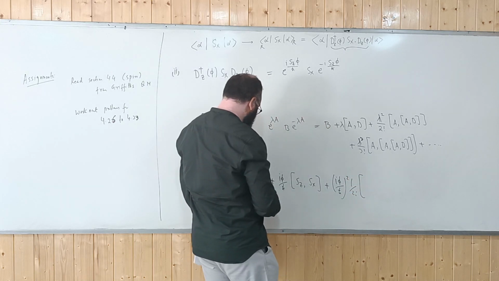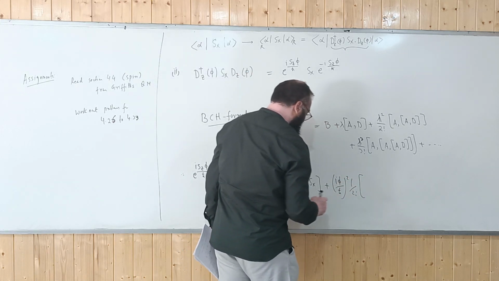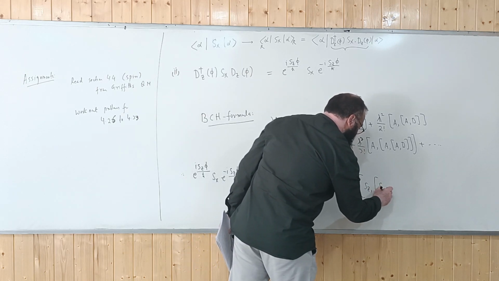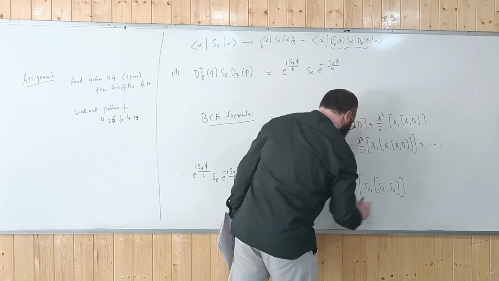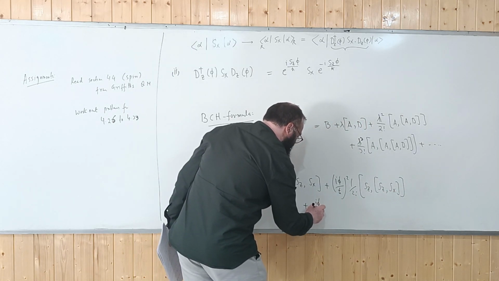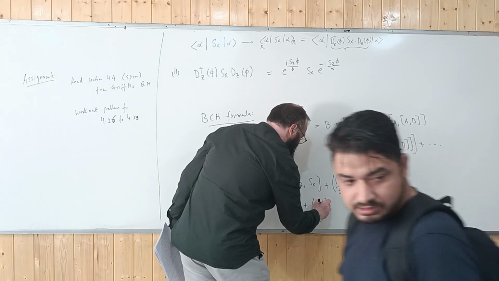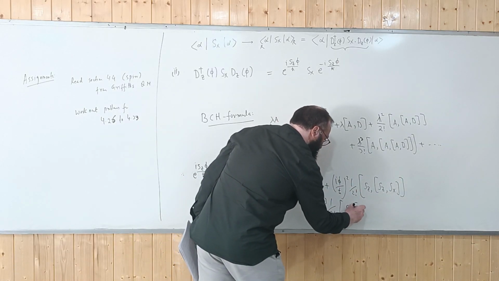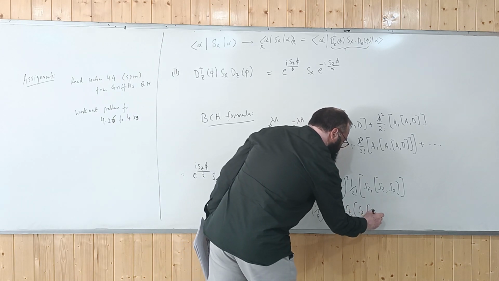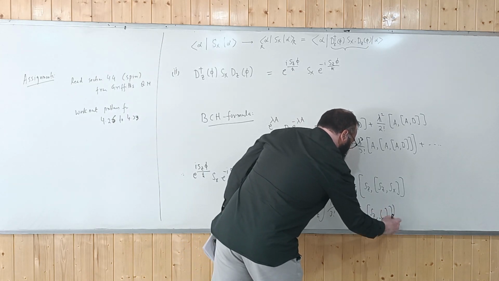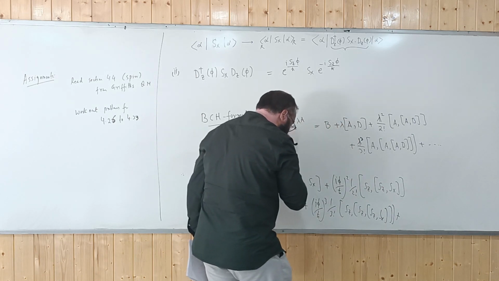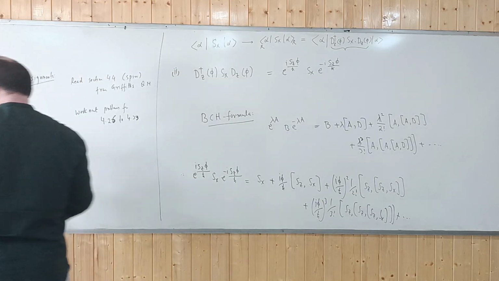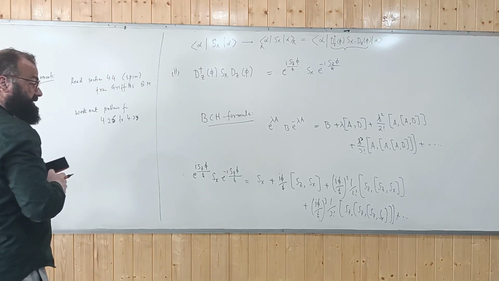So what will you have here? Sz, Sz, Sx. Clear? Then the next term: i phi by h cross whole cube, 1 by 3 factorial. Then you have Sz, Sz, Sz, Sx. Clear?